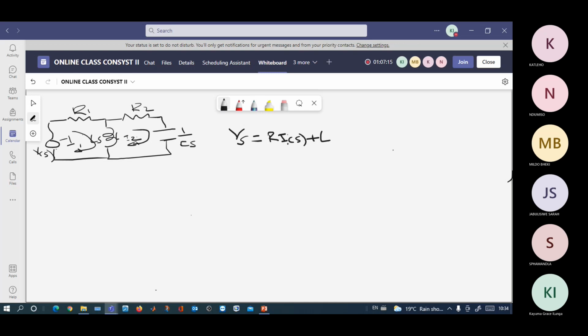This is I1, right? Because this current. Gonna have I1 S minus, because the I2 is also flowing in this one, but in a different direction. It's gonna be L I2 S. So this is gonna be LS. Oh, and there is also LS. Okay, so this is for this first loop.